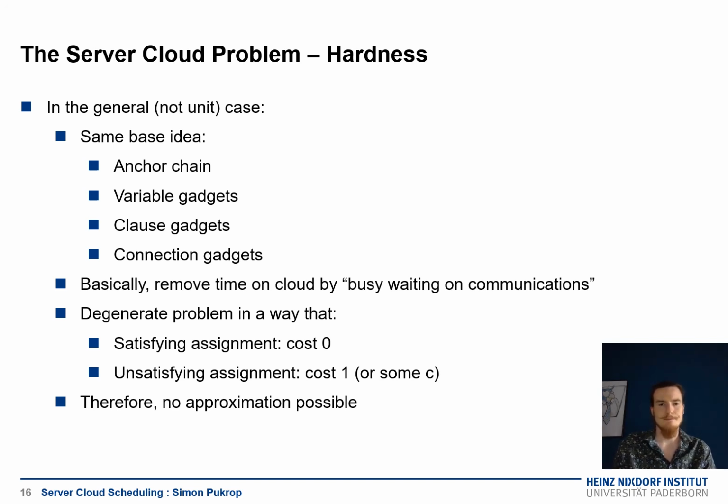So we spend time only by having chains of jobs which have to switch from server to cloud, from server to cloud, always forcing communication delays between those, which means that we can force arbitrary wait times without putting anything actually on the cloud.